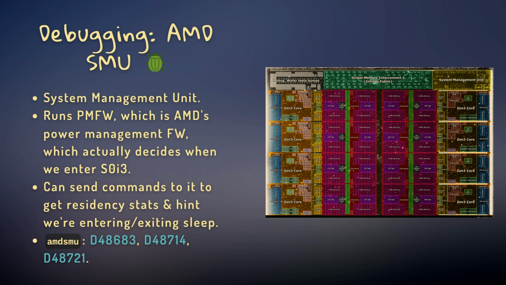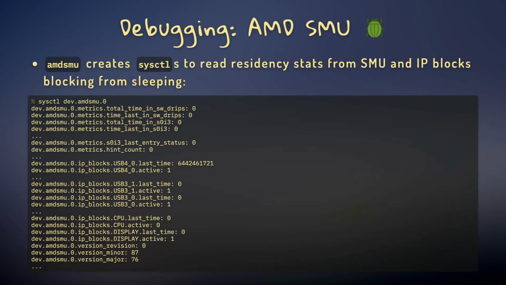We can send commands to it to get residency information. Residency is just how much time we are spending in a specific state. That's useful to know if you actually did enter S0ix or if you were just active during the idle period. You can also hint it that we're entering and exiting sleep, which you need to do, otherwise it will never enter S0ix.